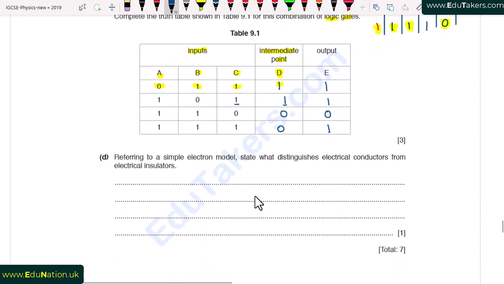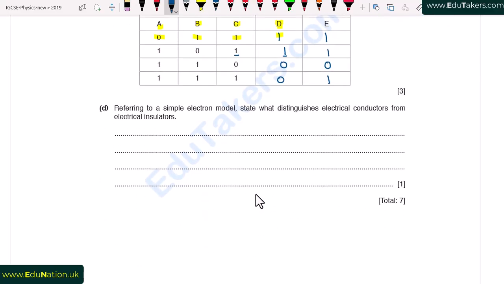Part D. Referring to a simple electron model, state how to distinguish electrical conductors from electrical insulators. So here we have to differentiate between the conductors and insulators. We know that in electrical conductors there are a large number of free electrons as compared to insulators.